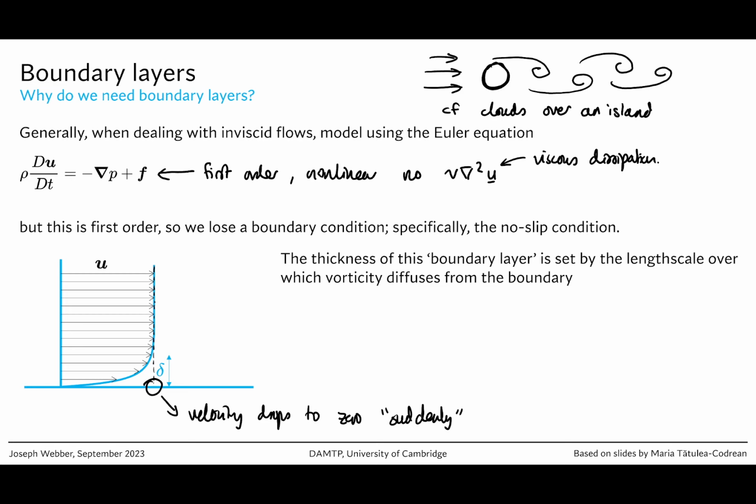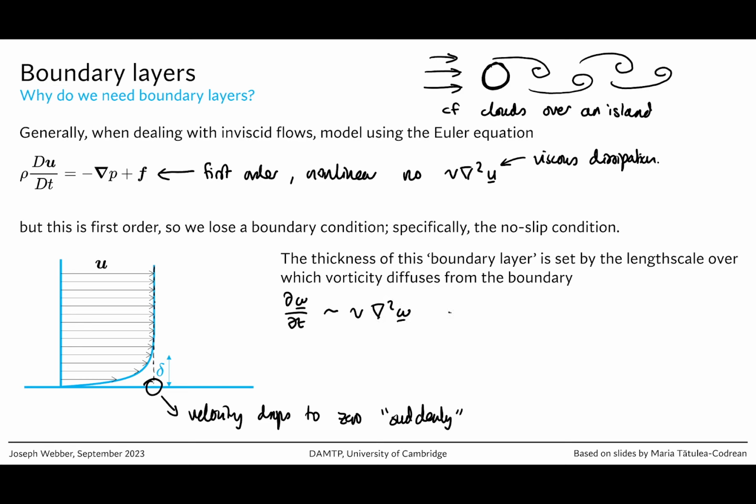So a good approximation for the thickness of this boundary layer, delta, is just the length scale over which vorticity diffuses from the boundary. So if we go back to our vorticity equation and just consider the diffusive balance, d omega by dt scales like nu, which is our kinematic viscosity, grad squared omega.